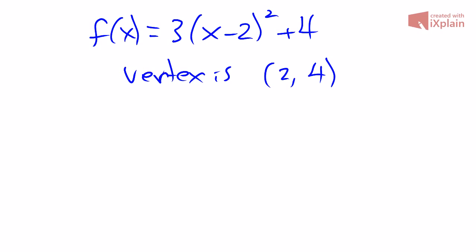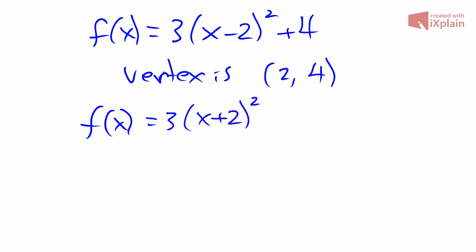All right, and something that may be a little more tricky is say you had f of x equals 3 times (x plus 2) squared minus 4. So note that in the vertex form, we need it to be x minus something.